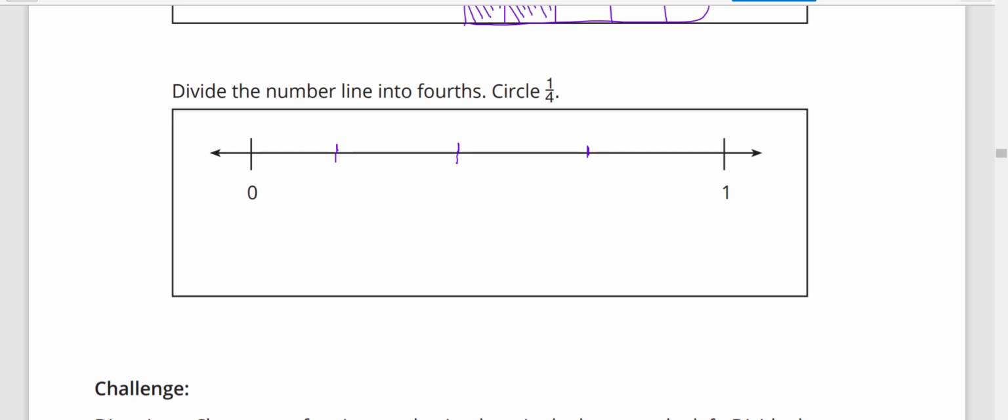So, write from 0, 0 over 4, 1 fourth, 2 fourths, 3 fourths, 4 fourths. Okay?